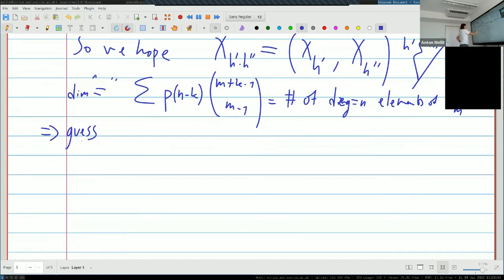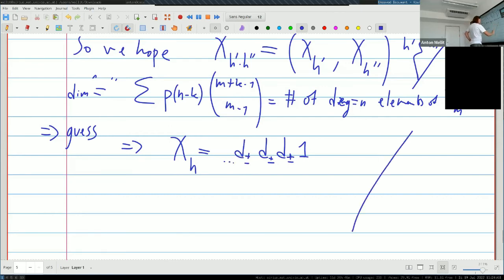So if you think about it, it gives the formula, and chi h can be computed where you do the following: you start with 1, and you apply d plus or minus. If you go up here, you apply plus, but if you go down, it's minus.